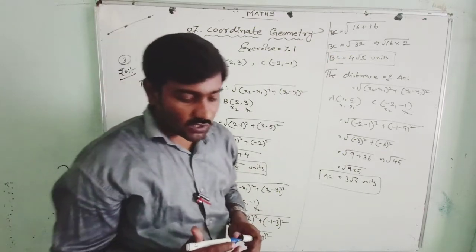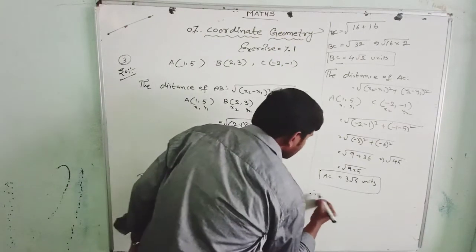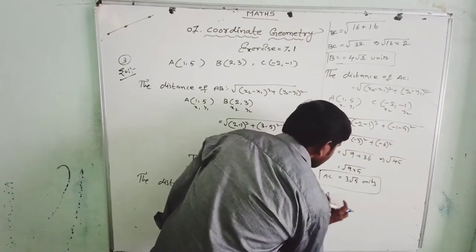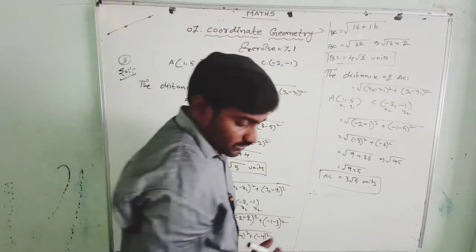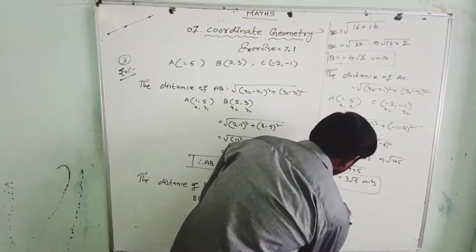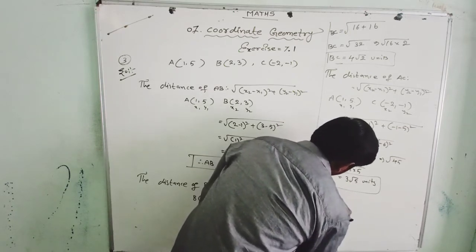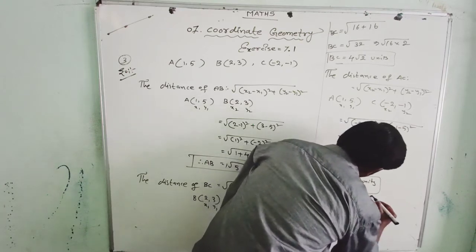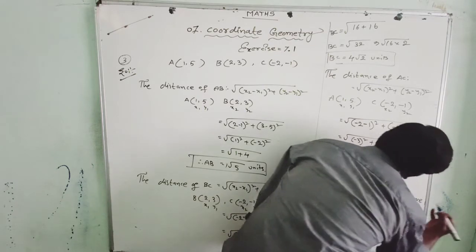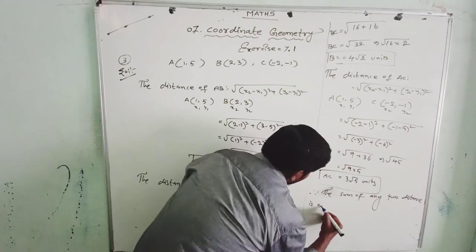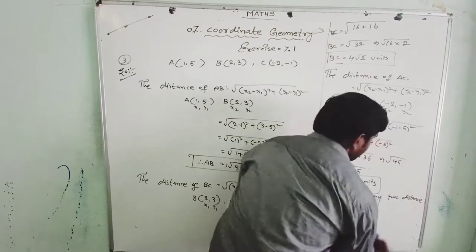So the given points are not collinear points. The given points are not collinear because the sum of any two distances is not equal to the third one.